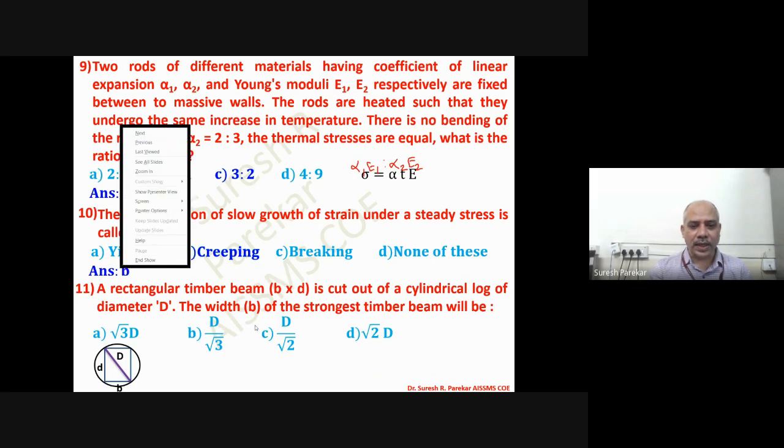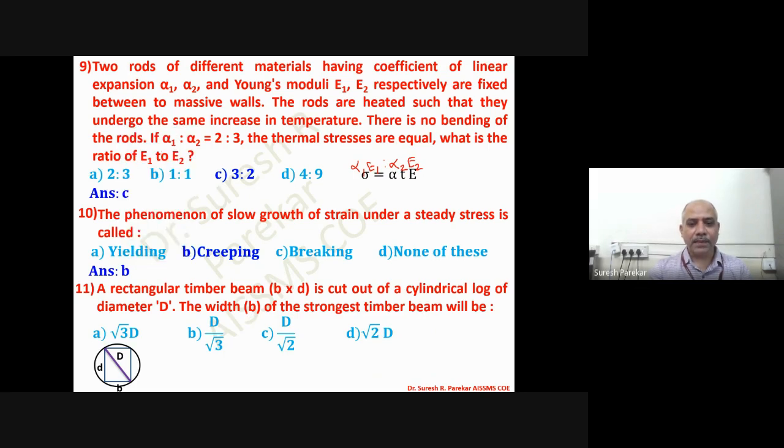So we have to take a derivative with respect to B. Therefore we have to determine D in terms of B, and then take the derivative with respect to B. And then S equal to KBD square. Then D square, we have a right angle triangle, and then we will substitute this D square in terms of B square in this equation, and we will take the derivative of this. And from this we will get B is equal to D by root 3.